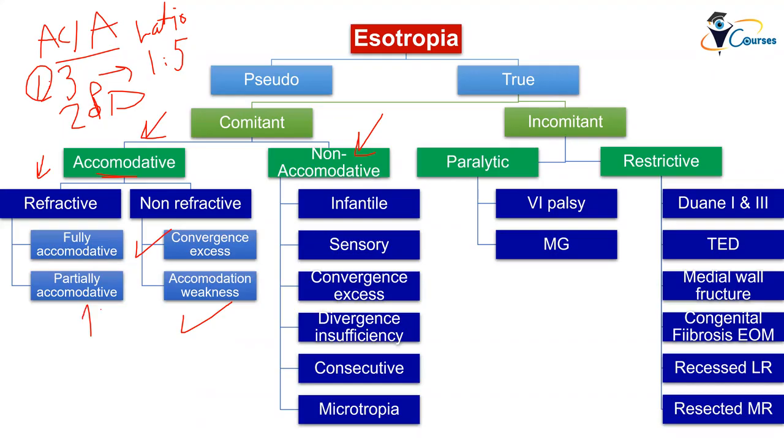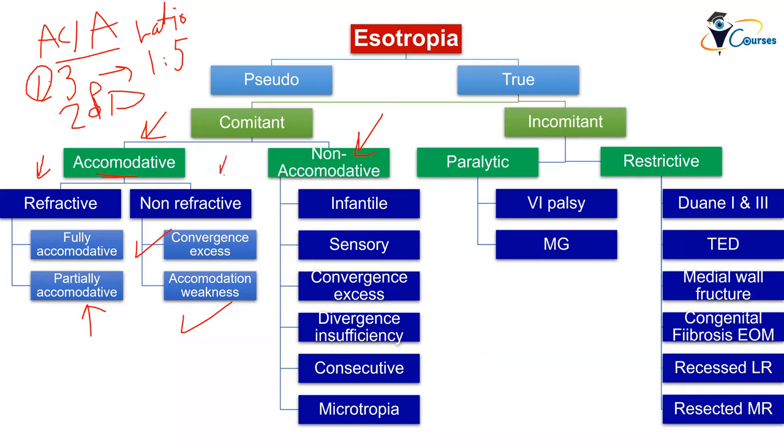A partially accommodative, meaning that if they have +8 or +9 and you put +8 or +9 glasses in front of their eyes, there will be a partial improvement of the convergence and of the esotropia. So they will need further surgery to correct the residual esotropia. This is for the refractive.